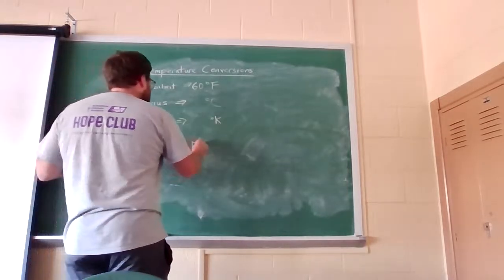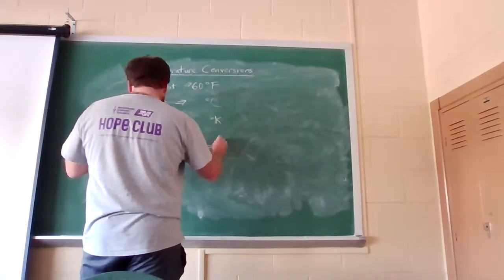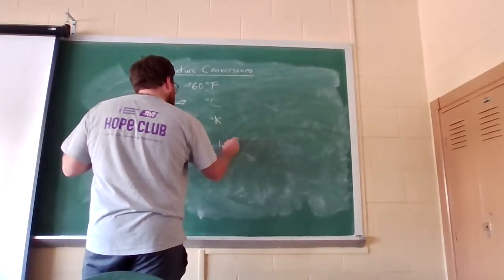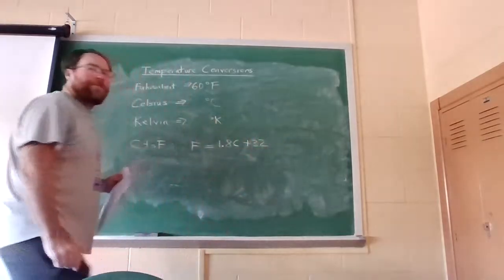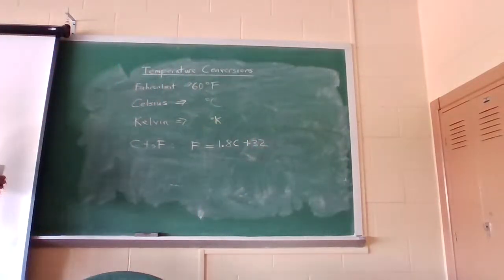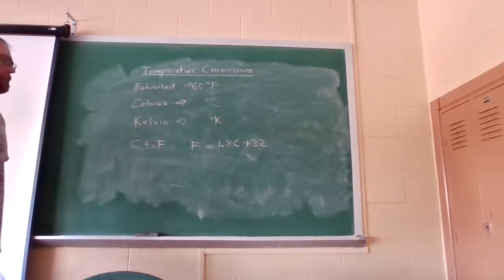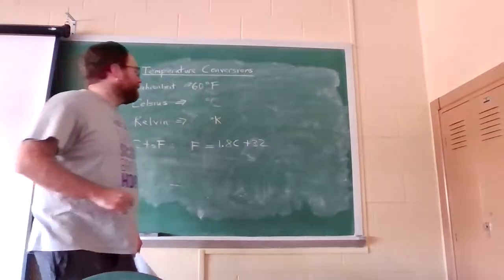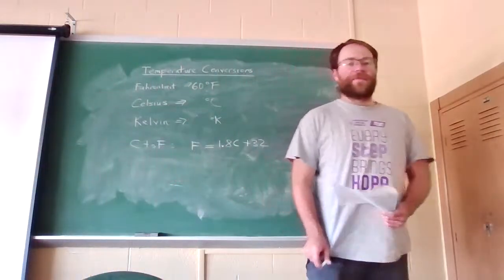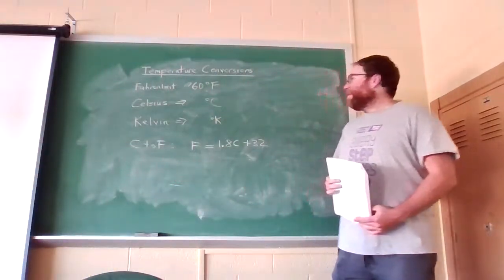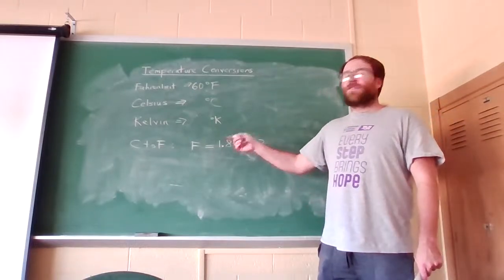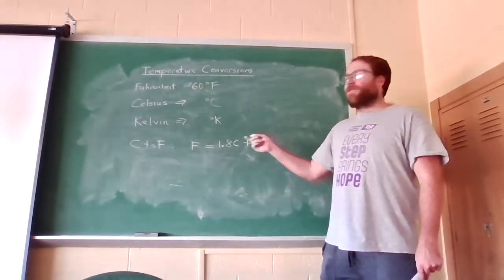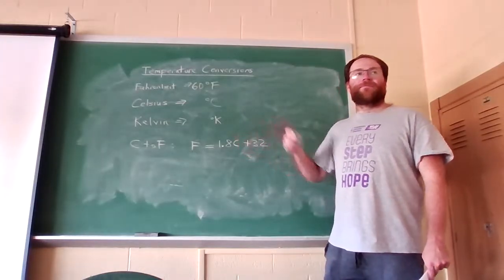The conversion formula is Fahrenheit equals 1.8 times degrees Celsius plus 32. In other words, if you know either the Fahrenheit or the Celsius temperature, you can use this formula to get to the other one.